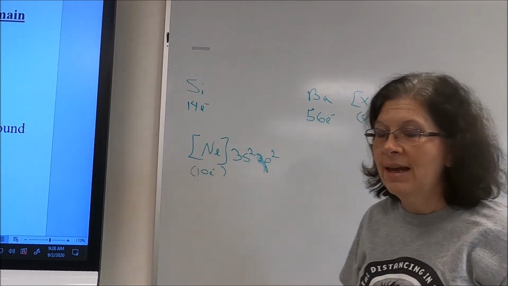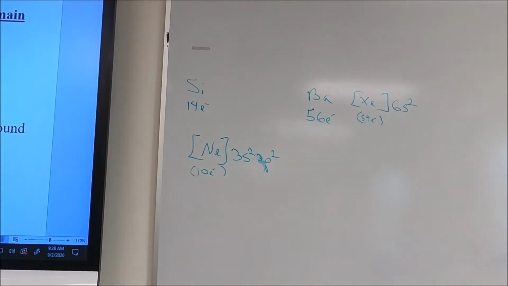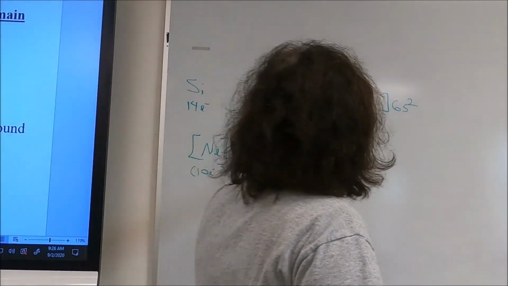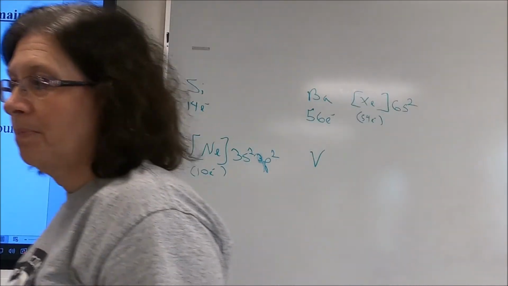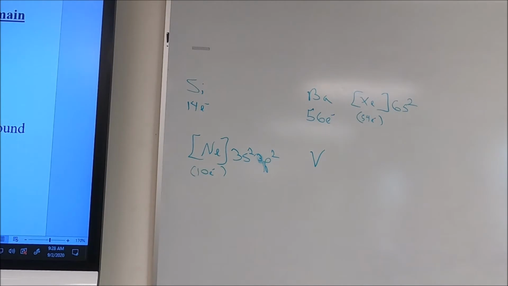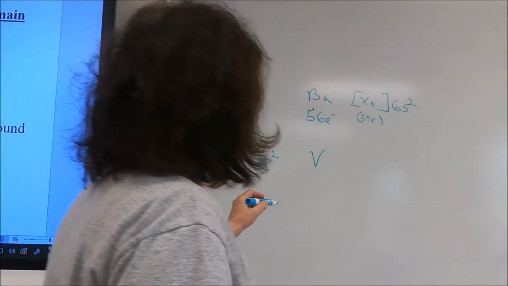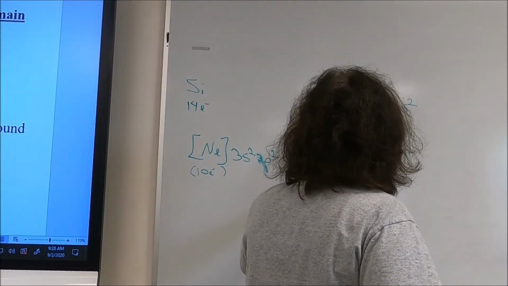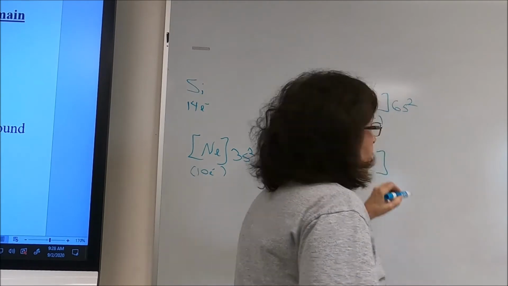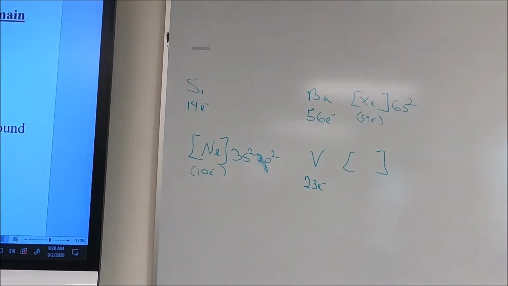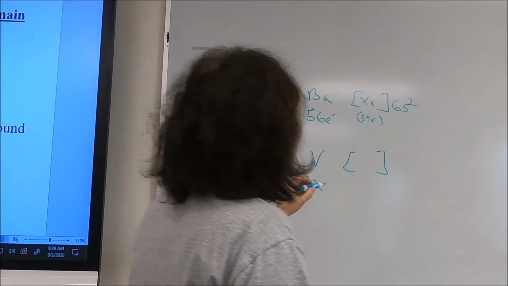If I look at something in the transition metals, let's say we looked at vanadium. Vanadium has 23 electrons. The row above vanadium ends in argon.